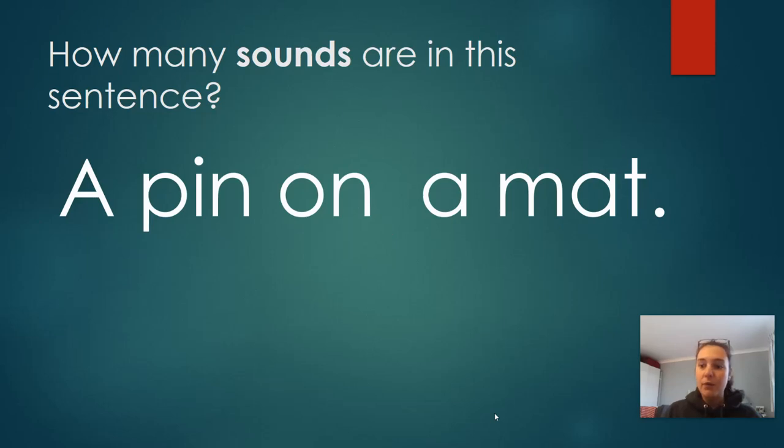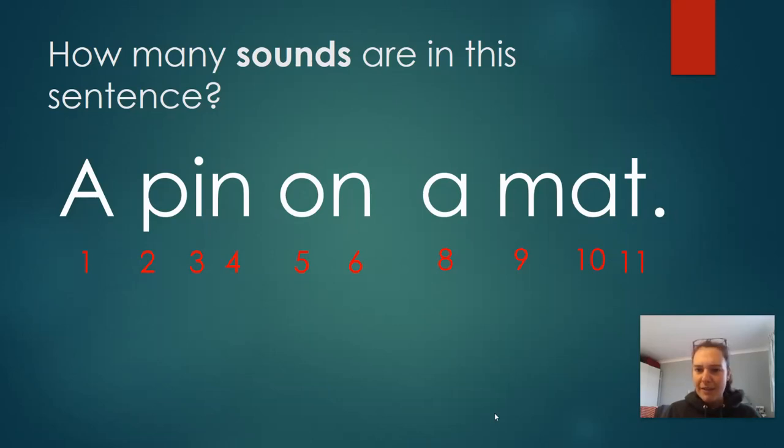Now, different question this time. We need to read it carefully. How many sounds are in this sentence? So those are the individual sounds, not the words. Okay, the individual sounds. Let's count them together. 1, 2, 3, 4, 5, 6, 7, 8, 9, 10, 11.